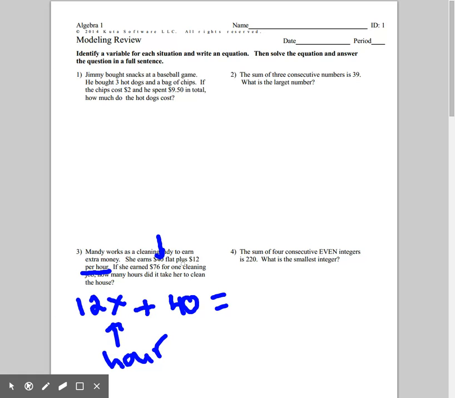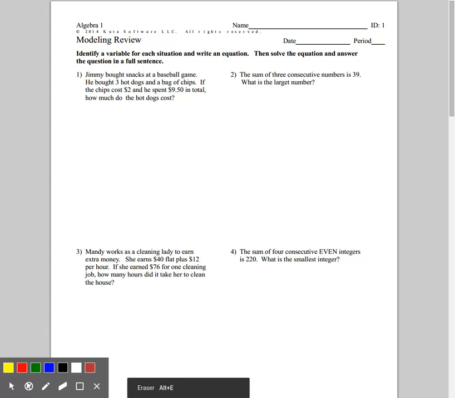He said right away when we see 12 per hour, that's a sign for us, right? Because this is a constant rate. That means that we're multiplying something, right? And this is money and this is money, right? So this makes sense, right? $76, $40, $12 per hour. An hour is what we're looking for. All right, so let's solve this thing.